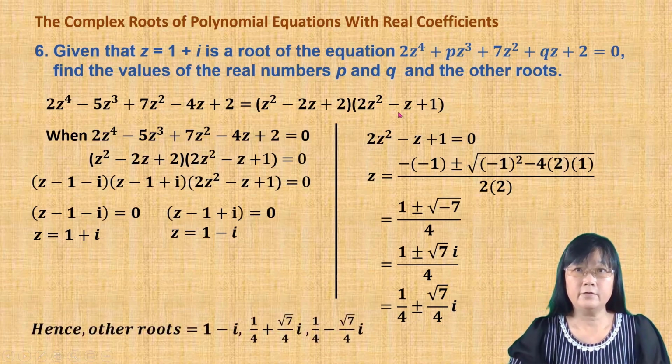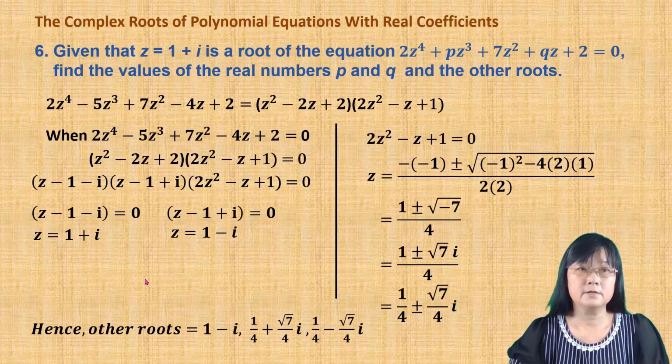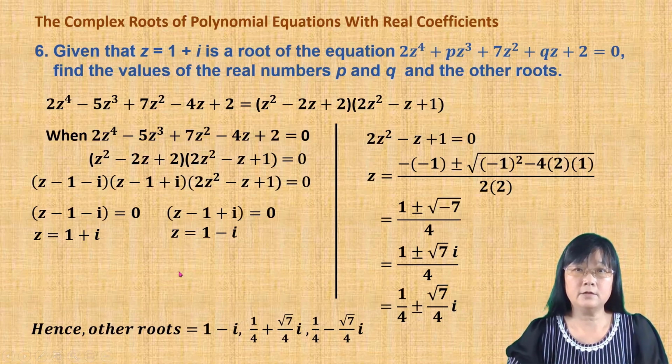So therefore, the other roots are 1 minus i, 1 over 4 plus square root of 7 over 4 i, and 1 over 4 minus square root of 7 over 4 i. In the final answer, we don't include the first root, that is 1 plus i, because the question asks for the other roots. The root that is given in the question is not included in the final answer.